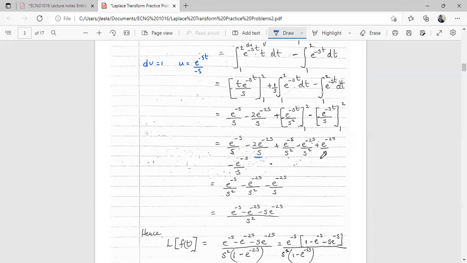This one here and this one here. So minus 2 plus 1, that is minus 1, right? So that will be minus e to the minus 2s over s from these two terms, right?